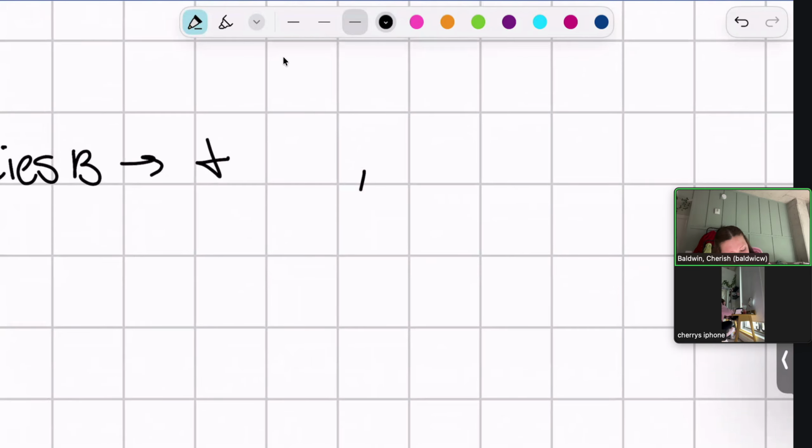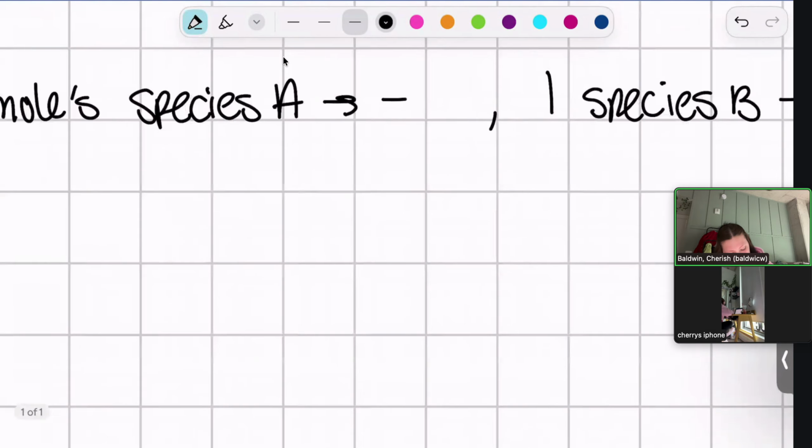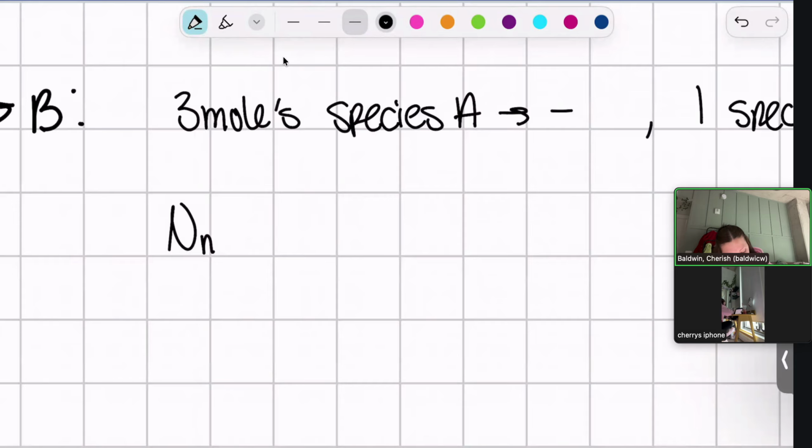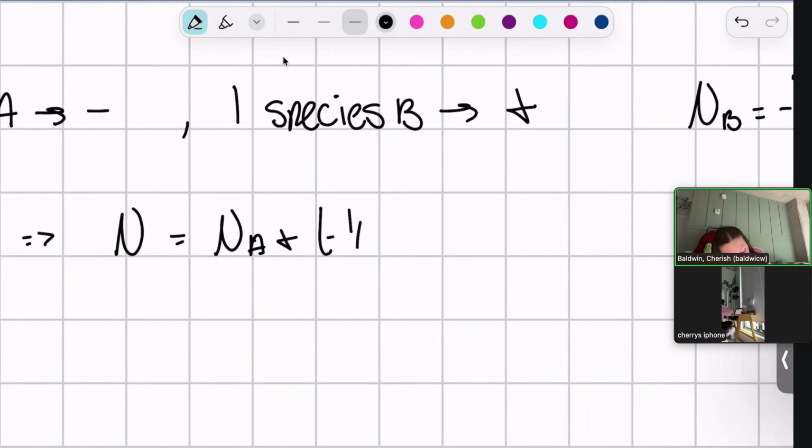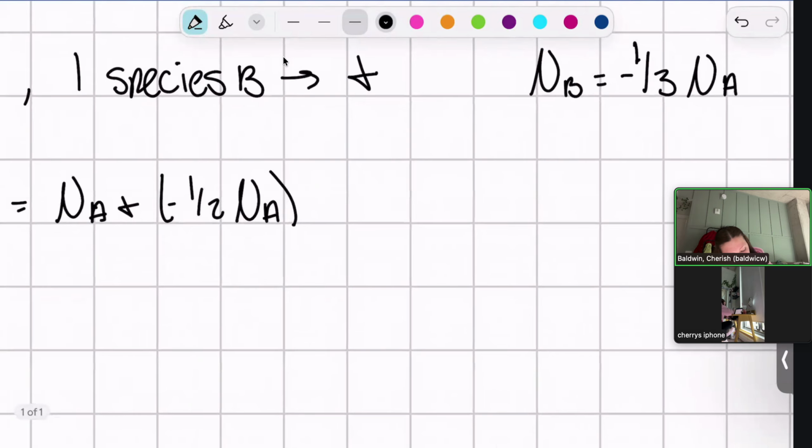This relationship can be represented as the molar flux of B being equal to negative 1/3 of the molar flux of A. The net molar flux again is equal to A plus B, which then can be written as 2/3 of the molar flux of A.